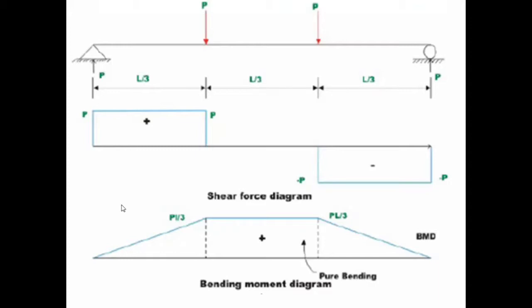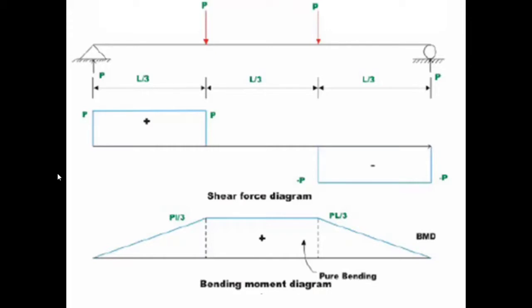And for the remaining two one third parts of the beam, there are shear forces. One is positive, another is negative. And if you see, the bending moment is maximum and constant in this region. Which region? The middle one third part.